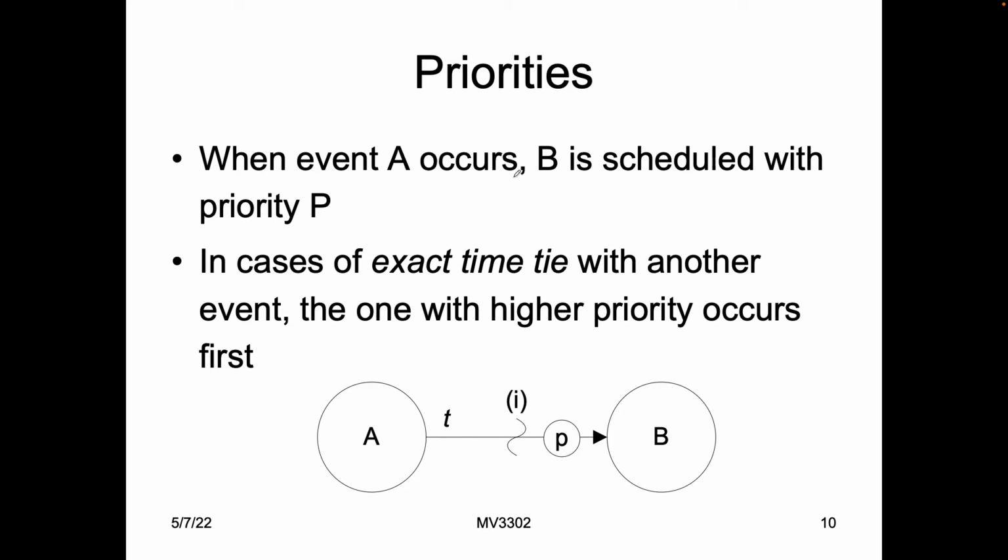Now, normally, that's not a complete issue. Normally, you want your models to be immune to any particular order of the events occurring. But sometimes, especially within a component, there's a potential for a problem because you want one event to happen before another, and they just by chance have been scheduled to occur at exactly the same time.